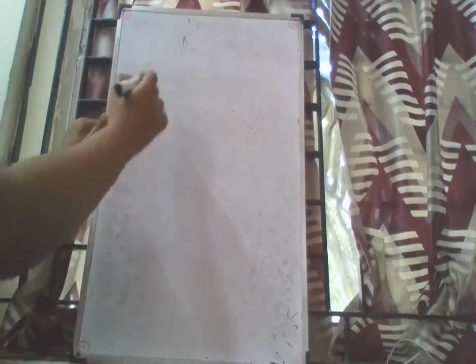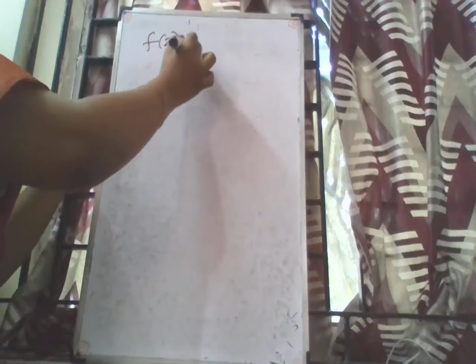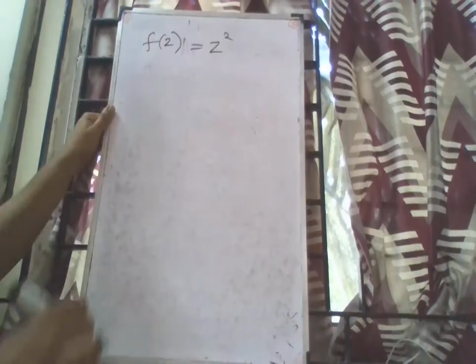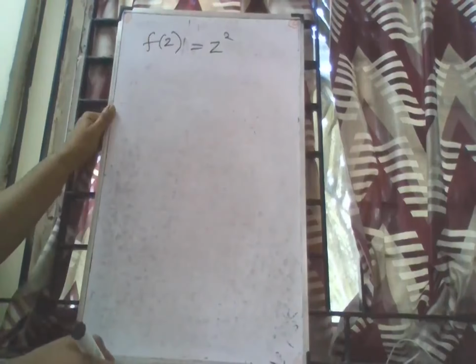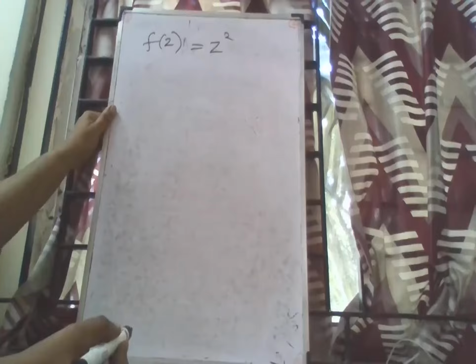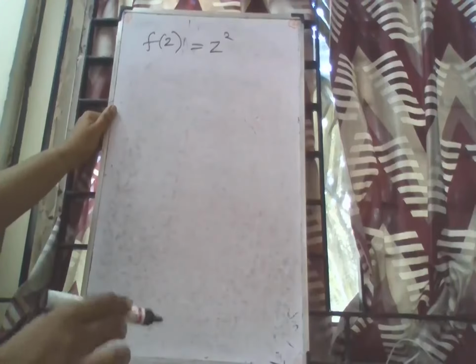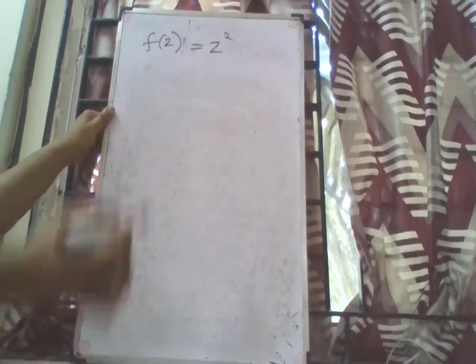Examine the analyticity of the function. The same function is being introduced here. Analyticity of f of z equal to what? z square. I'll repeat the question. Examine the analyticity of the function f of z equal to z square. Okay, fine. Let us wait and watch.